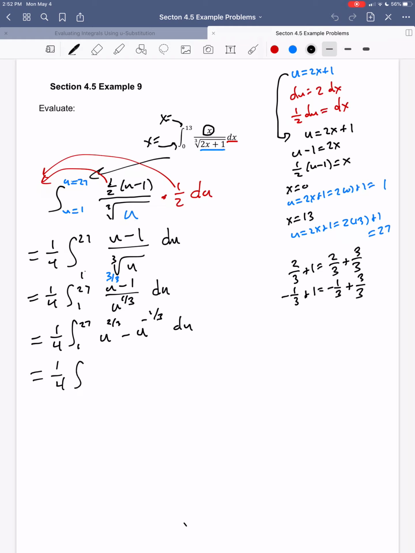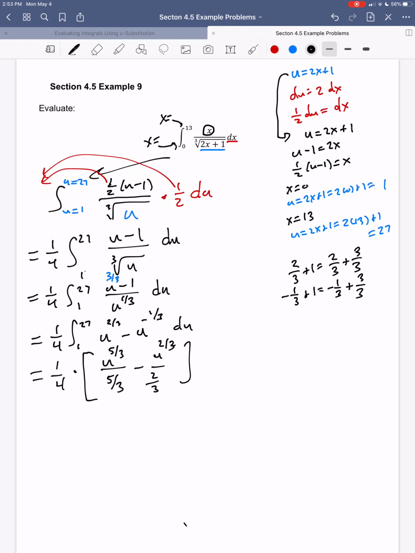Oh, no more integral. I'm actually evaluating now. I'm taking the antiderivative. So it's going to go to u to the 5/3. But then I have to divide by the new exponent 5/3. U to the negative 1/3, when I add negative 1/3 plus 3/3, I get u to the 2/3. But then I'm going to have to divide by 2/3.